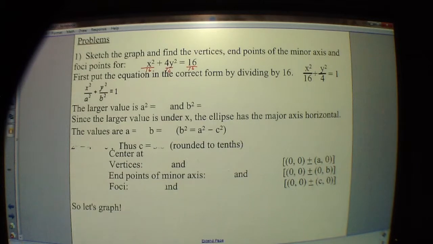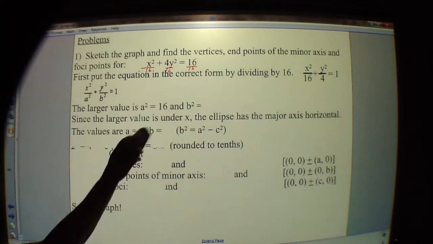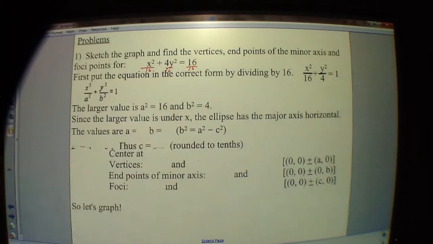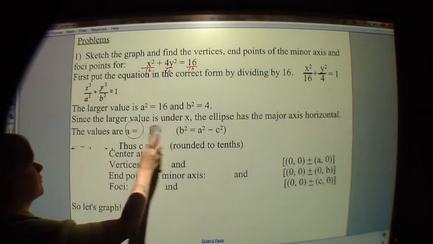So there's my correct form. The larger number is under x squared, so a squared is equal to 16, and b squared is equal to 4. So that makes a equal to 4 and b equal to 2.